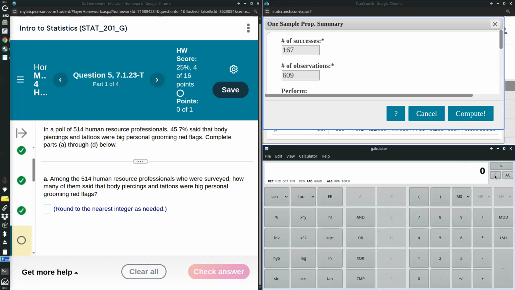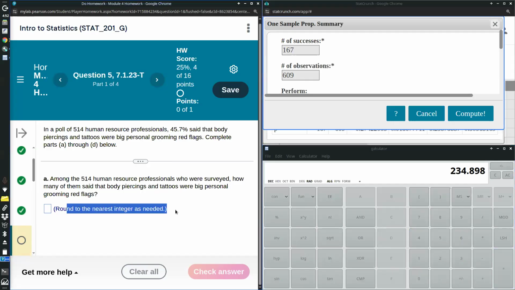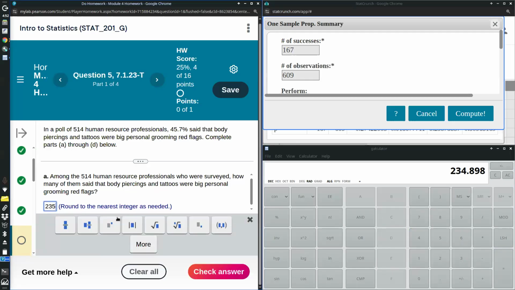Let's take that 514 and multiply that by 45.7 as a decimal, 0.457. And notice we get 234.89. So we're going to assume 235. It says round to the nearest integer. So we multiplied to get that answer for part A, just the percentage as a decimal times the total. And I'm getting 235.